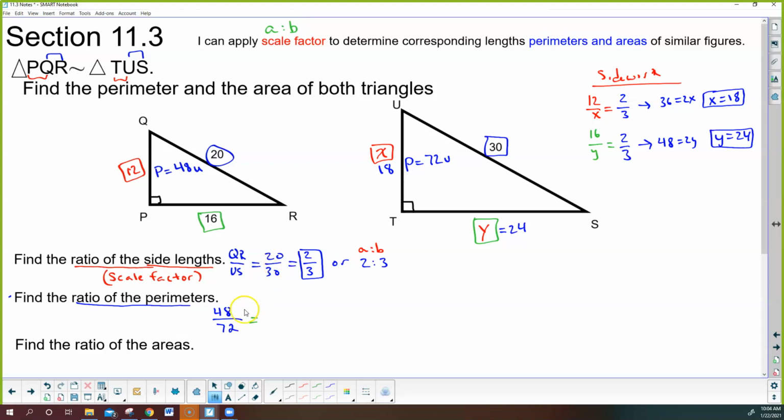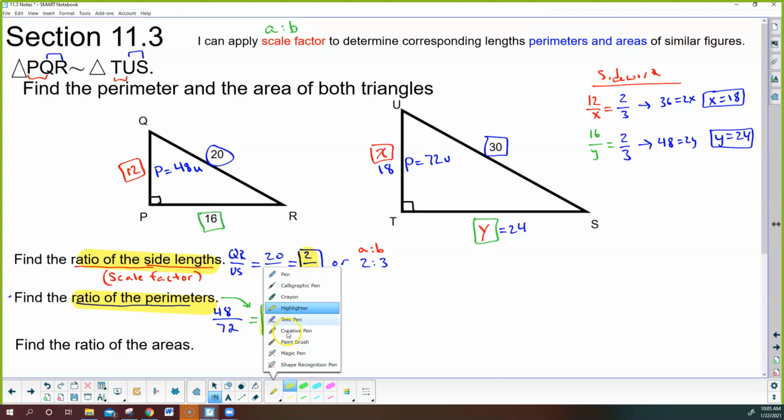And actually I can divide even more. What goes into that evenly? 24. 24 goes into each one. But notice, when it reduces down, the ratio of the perimeters is actually the same thing as our scale factor, or the ratio of sides. And that's one of the theorems we need to talk about today. So we just kind of discovered that on our own.